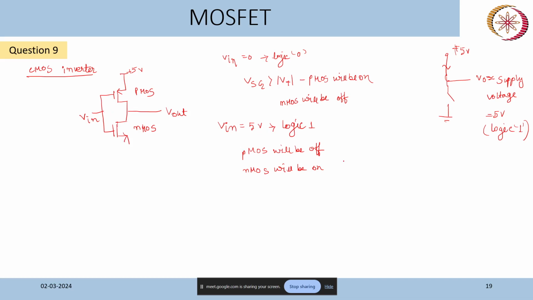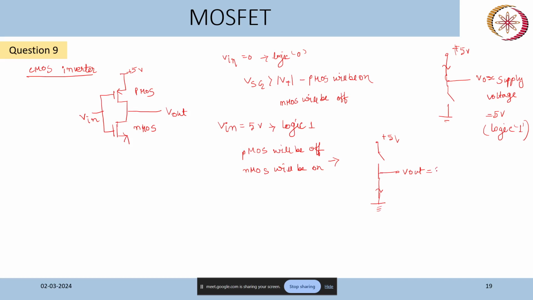Okay, so the equivalent circuit will be, this is plus 5 volt, this is open circuit, this is V naught or V out. And this is short circuit, this is ground. So the potential at V out will be essentially the potential at this point, which is the ground.